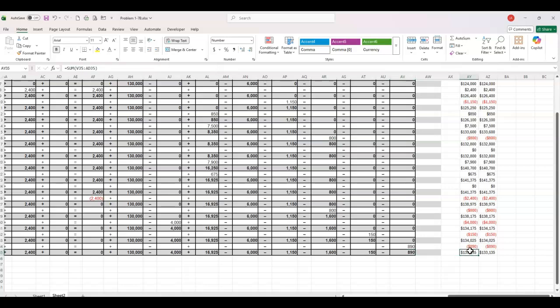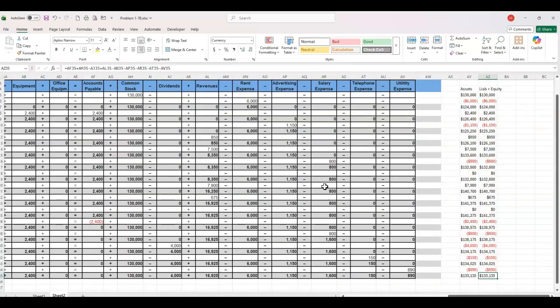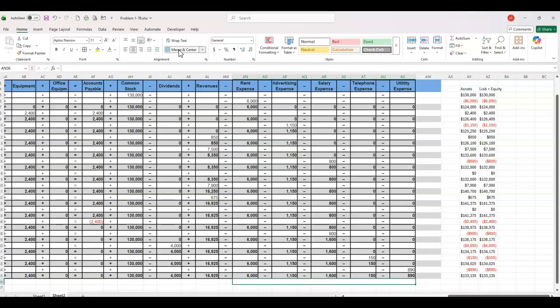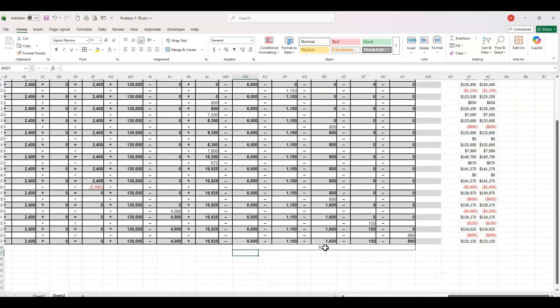This is the total of all the assets. This is the total of liabilities and equity. Now if we add up our expenses, of all the expenses at $9,790. That's my expenses.